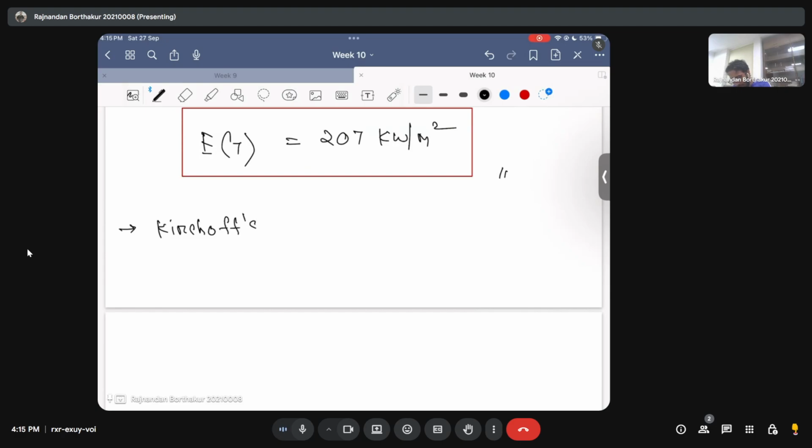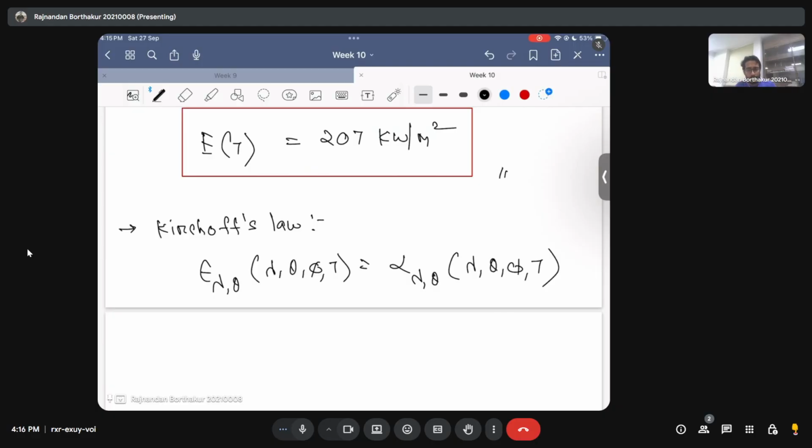Although I'll not prove it, I will state that as per Kirchhoff's law, your spectral directional emissivity, which is denoted as epsilon lambda comma theta, which is of course a function of lambda, theta, phi, and temperature, is equal to the spectral directional absorptivity, which is alpha lambda theta, which is also a function of lambda, theta, phi, and T. So according to Kirchhoff's law, the spectral directional emissivity is equal to the spectral directional absorptivity. That's precisely what Kirchhoff's law says.